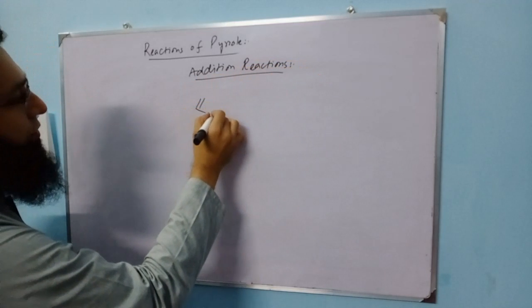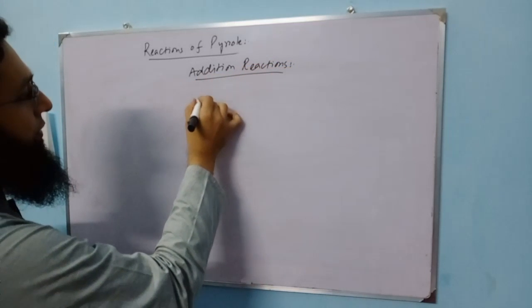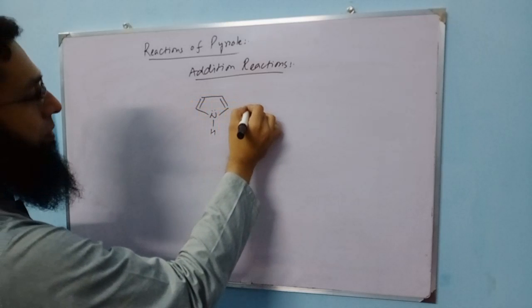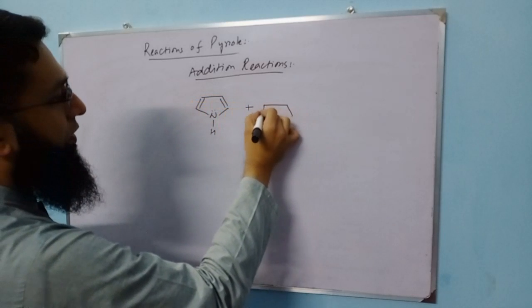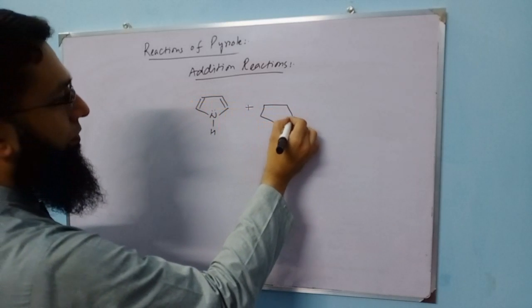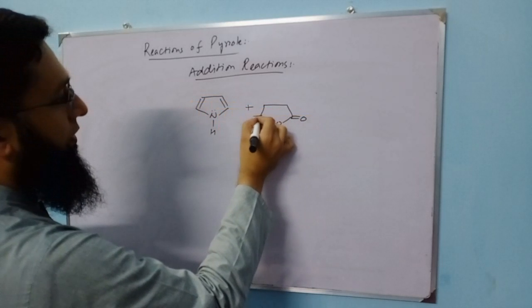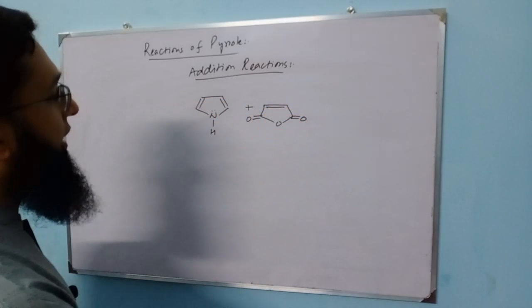Pyrrole reacts with maleic anhydride via Michael reaction.